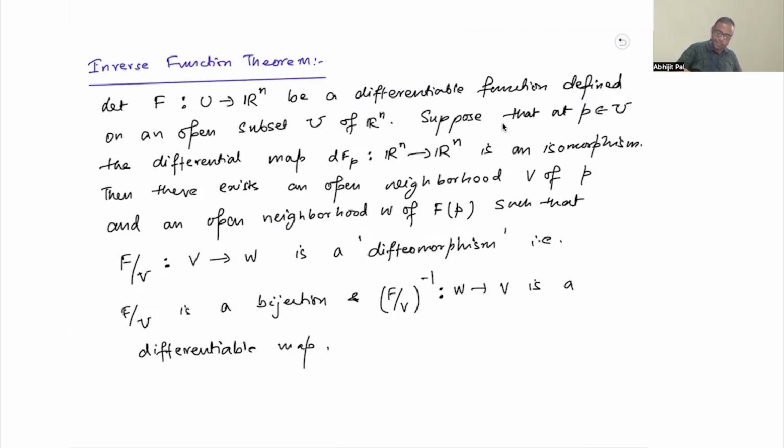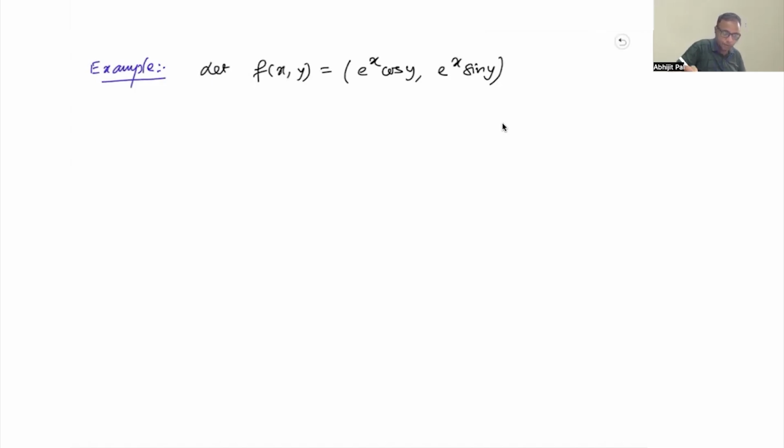Okay, so let me give an example. Let f(x,y) = (e^x cos y, e^x sin y). This f is a function from R2 to R2, and it is a differentiable map.